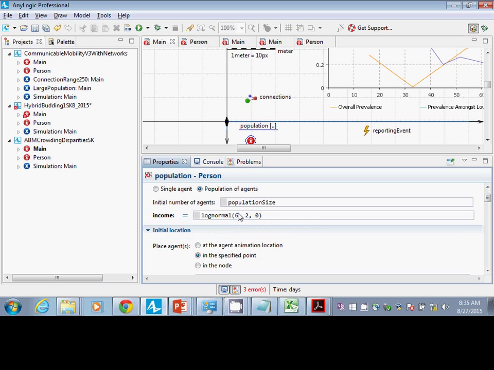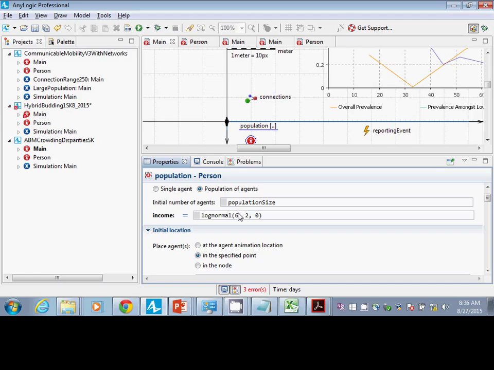So for each person in the population in turn, the first person being created, the second person, and the third person, it's drawing from this log normal distribution in an IID fashion. And it's independent and identically distributed. So it's drawing from this.